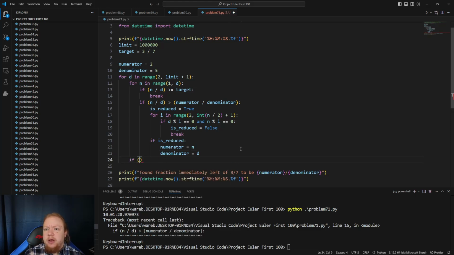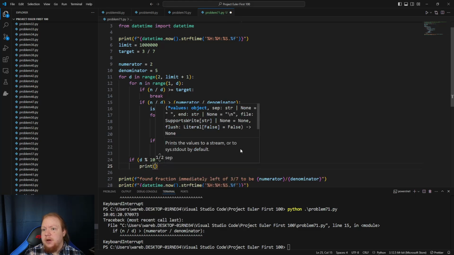I'm just gonna throw in an if d mod 1000 is 0, print.